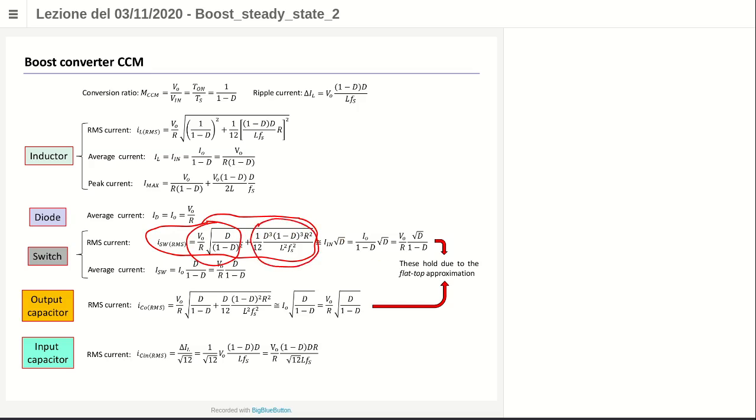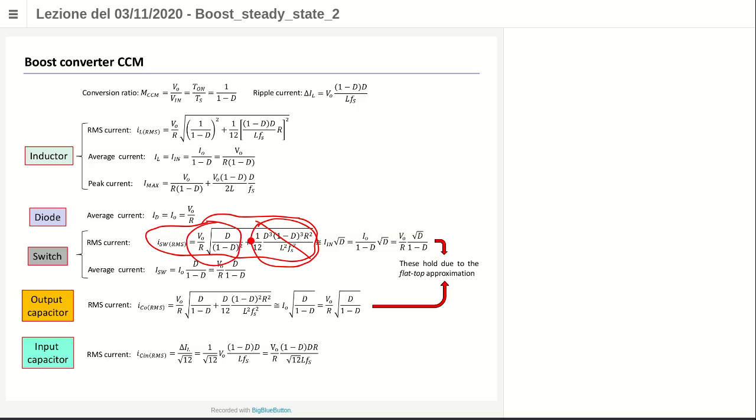Look at this first part, V naught divided by R. Suppose the second part to be negligible, so cancel out this part here. Then you have the square root of d over 1 minus d, so you have V naught over R divided by 1 minus d, times the square root of d, which is exactly the expression I just derived. So in the flat top approximation, I'm just eliminating this second contribution.